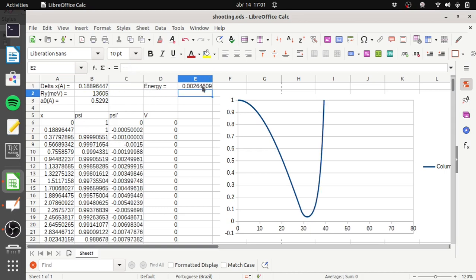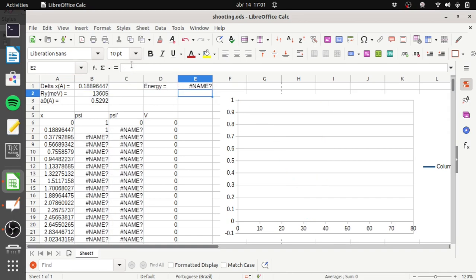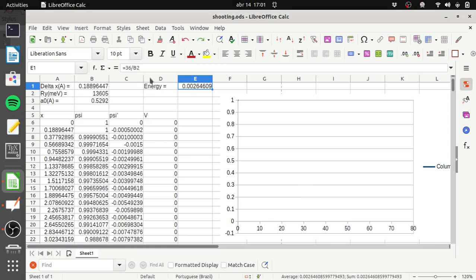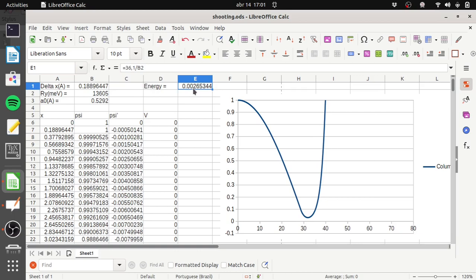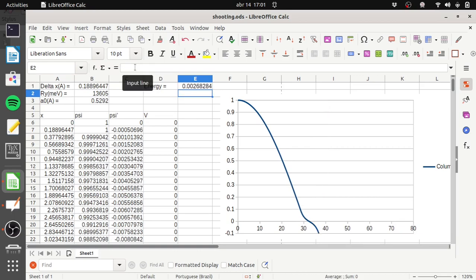Then it's too much. Or it's too less, I mean. 36.1. Oh. I cannot use points, sorry, that's in Portuguese. So 36.1, which is the same as 36 plus 0.1, okay? So that is almost there. Let's try 36.5. Then it's too much.